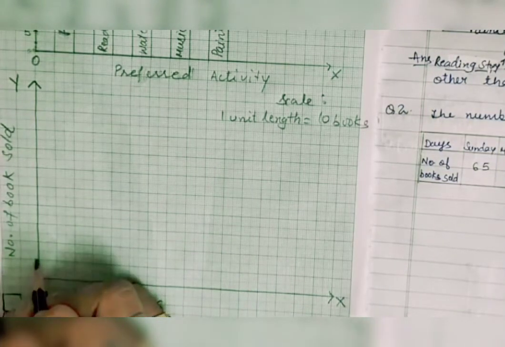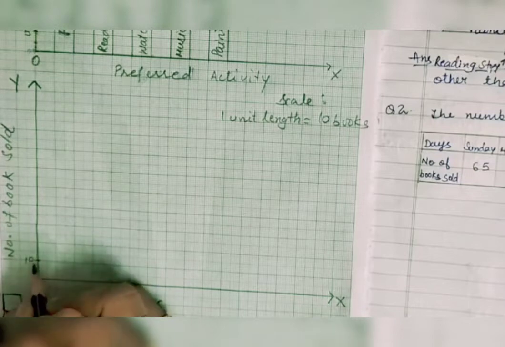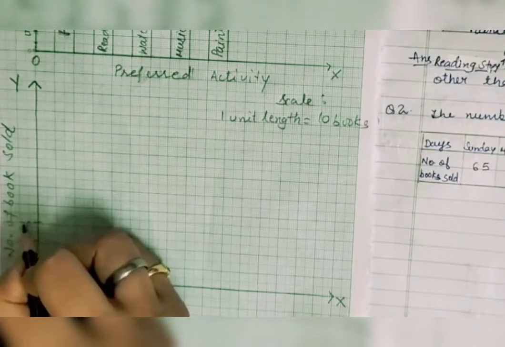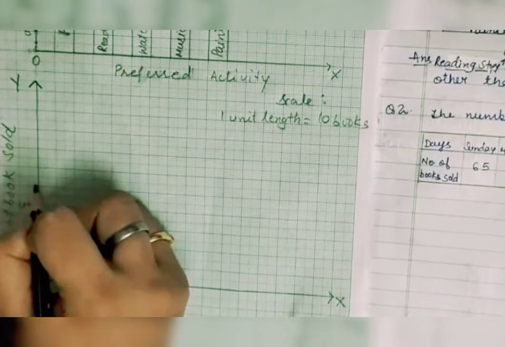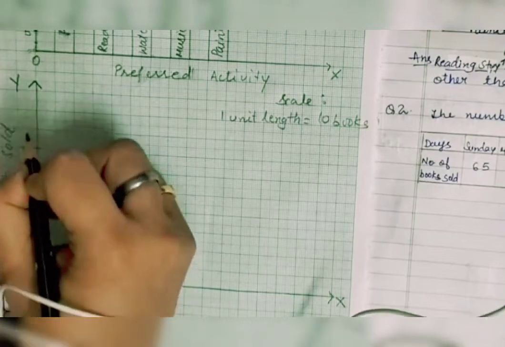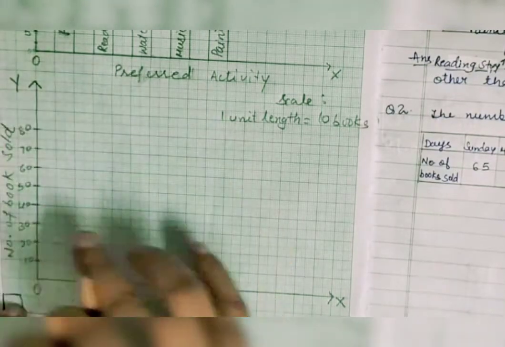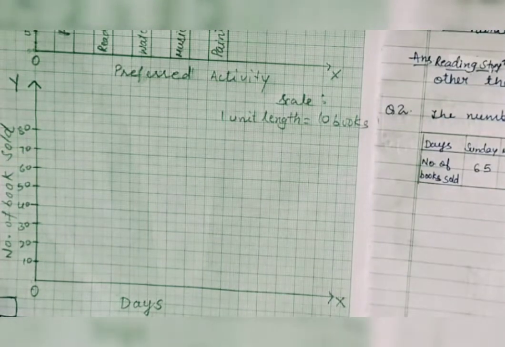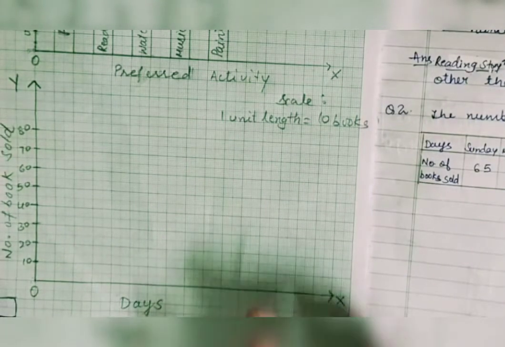So 0 to 10 means 1 unit length represents 10 books. This is 20, 30, 40, 50, 60, 70, 80. We need a maximum of 70 only, but I have written 80 also, one extra.